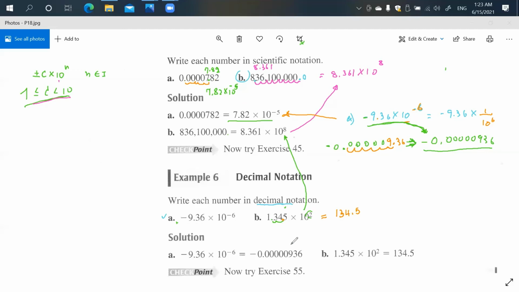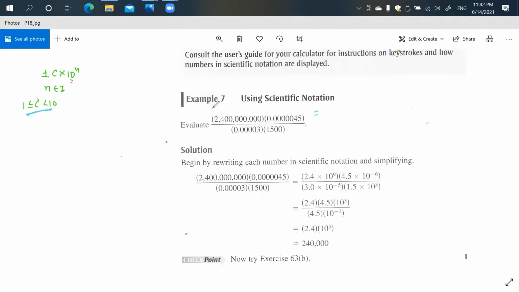Okay, I think we go to the next example. You can write like this, right? 2, 4, 0, 0. How many 0 now? 1, 2, 3. This is three numbers. So after this I can write 0 at the back, correct?